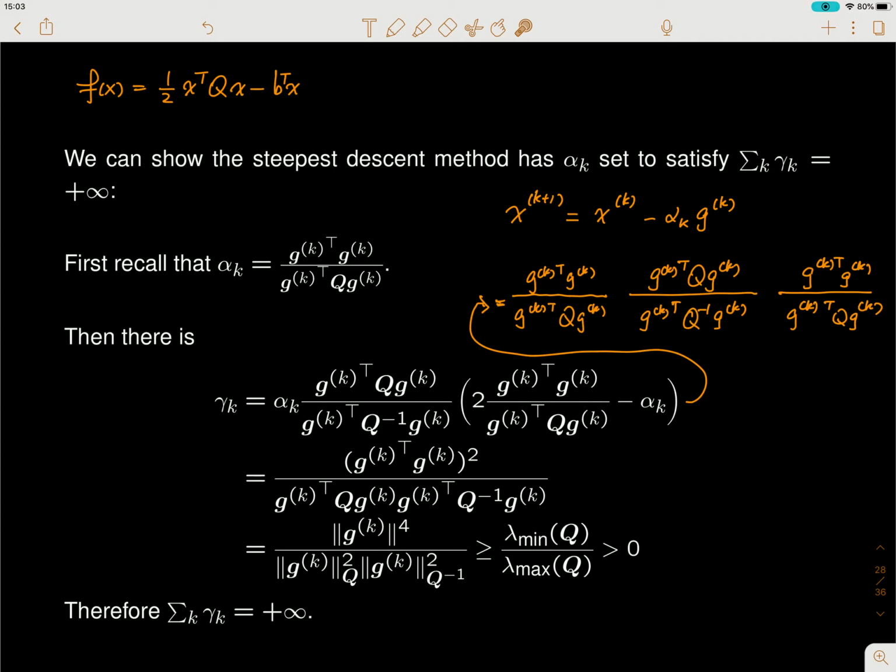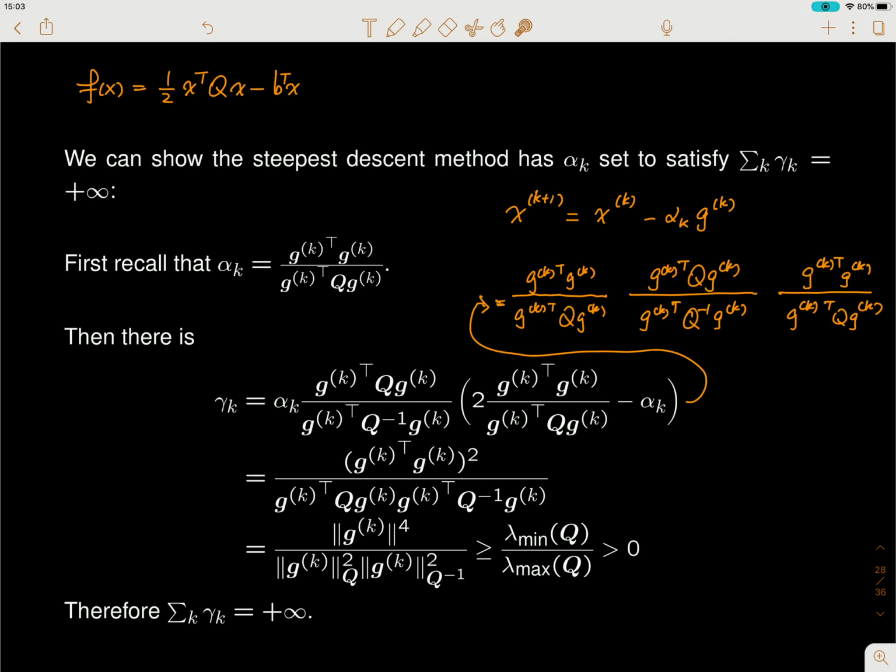According to the formula for how we got xk plus 1, it's just this minus this. These two are identical. And remember that gk is the gradient of f at xk, and that is equal to this. So I replace gk by that.